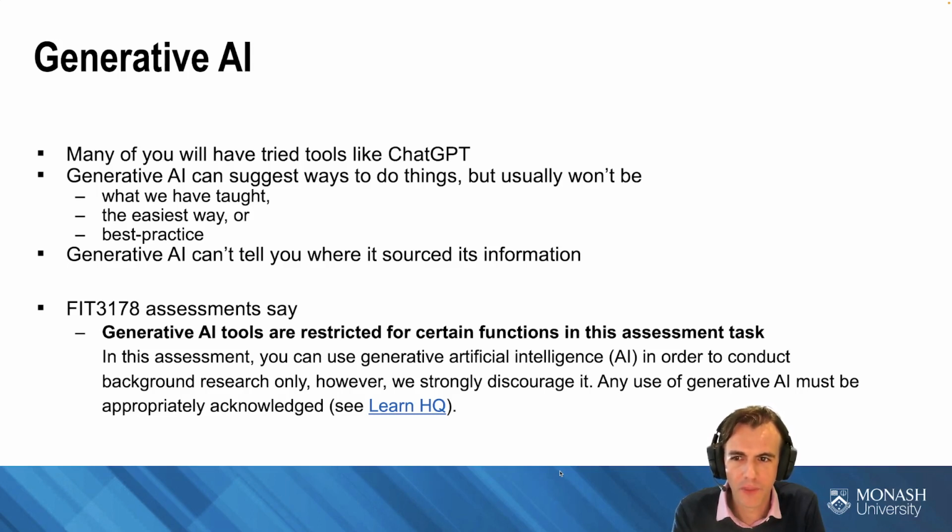And they may not be best practice, as in they may not be up to date, especially given something like ChatGPT is only trained up to 2021. There have been changes to iOS and Swift in 2022 that we've updated the unit for, so be aware of that. The other really big issue with generative AI in general, irrespective of whether you're using it for this unit, is it can't tell you where it sourced its information.